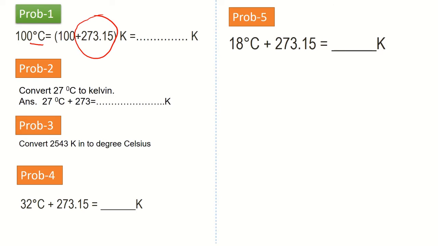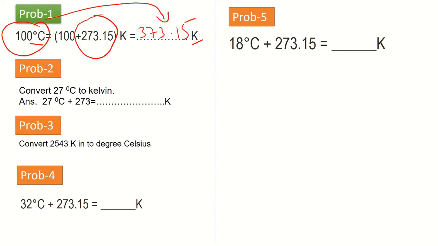This number always you have to add, and the answer that comes is in Kelvin. So 100 plus 273.15 is 373.15 Kelvin. The meaning is, this 100 degrees centigrade is equal to 373.15 in the unit of Kelvin.